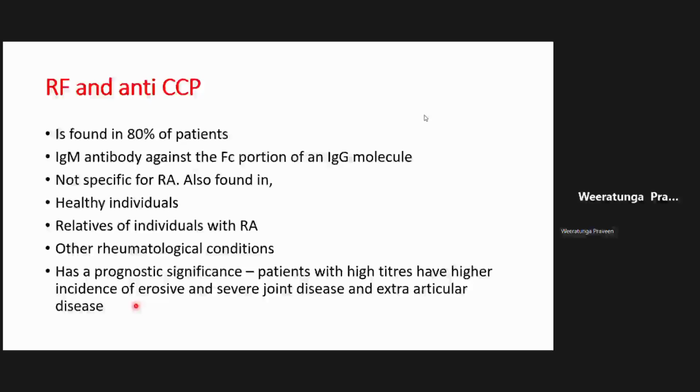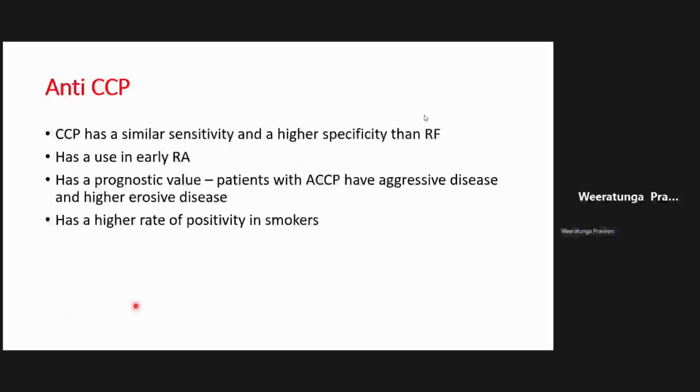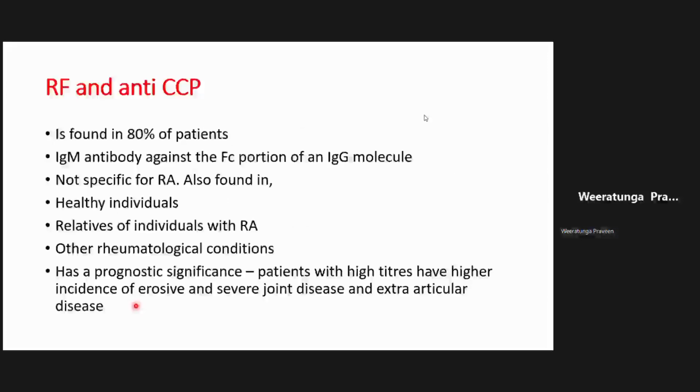The advantage of anti-CCP is a much higher specificity, but rheumatoid factor is not that specific. And rheumatoid factor can sometimes be found in healthy people, and sometimes in family members of patients who have rheumatoid arthritis, and in other rheumatological conditions.